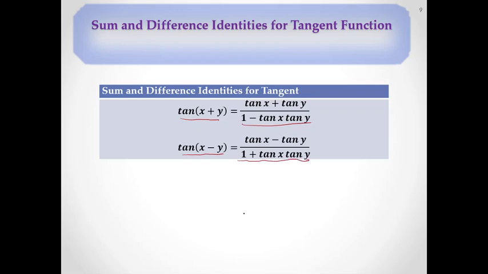As you see, they look almost the same, but the difference is that if it is positive here, it will be positive in the numerator, and if it is negative, then it will be negative in the numerator. And the sign in the denominator will be opposite.